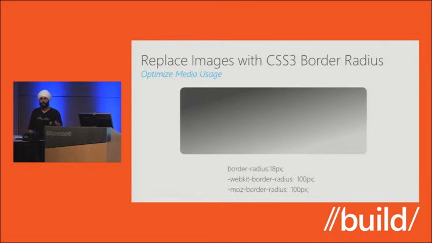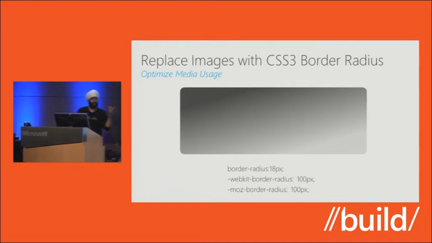Also, with modern browsers, you can use CSS3 to do border radius and have the rounded corner effect. So we're all familiar with the pattern with 9 grids, where we take little images to represent different quadrants of a rounded corner. Using border radius, we can do this directly in markup. We don't need to download those images.